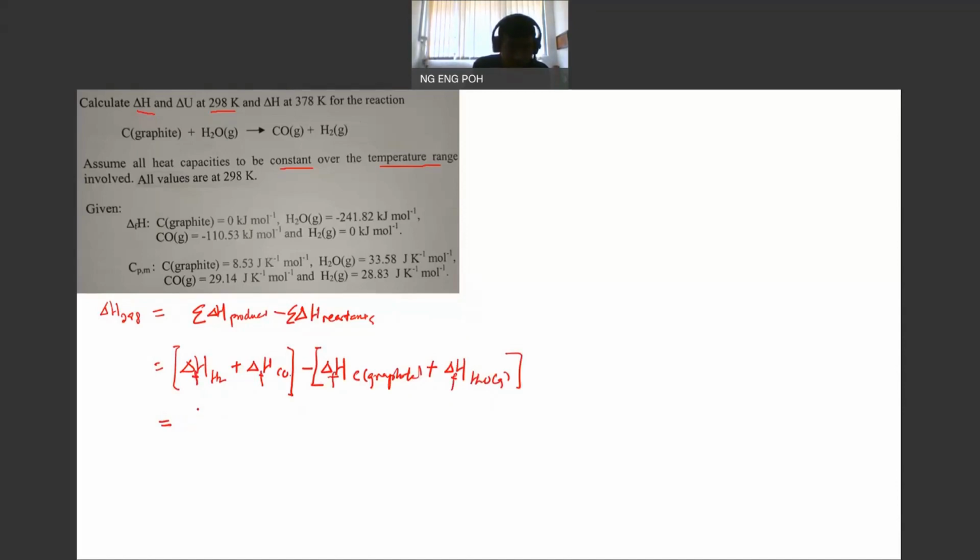For H2, this is 0, and CO is negative 110.53, minus. The delta H formation for graphite is 0. And then this is the value, negative 241.82.